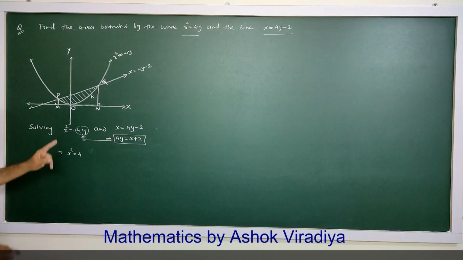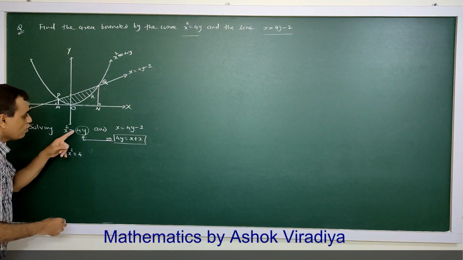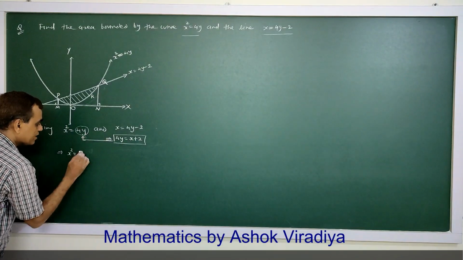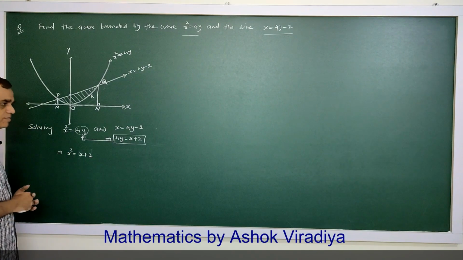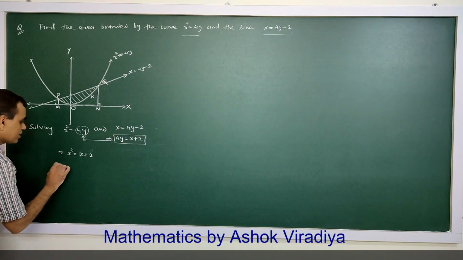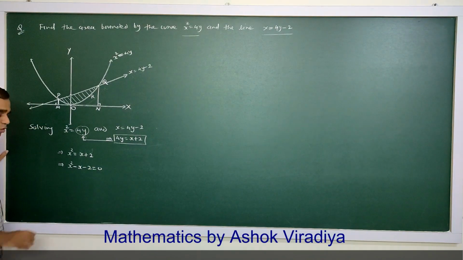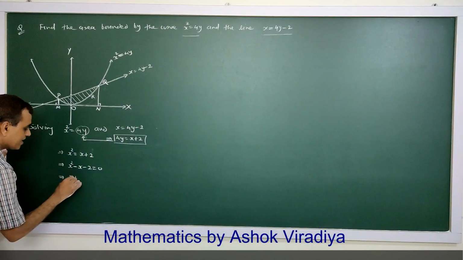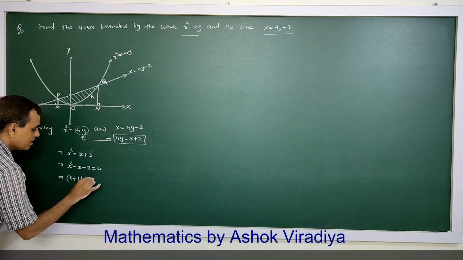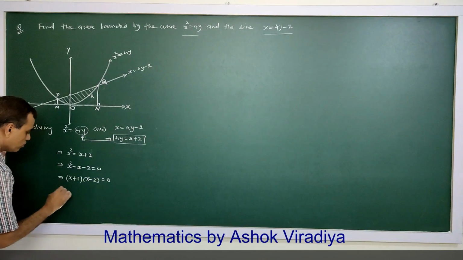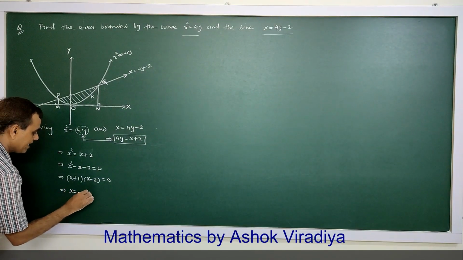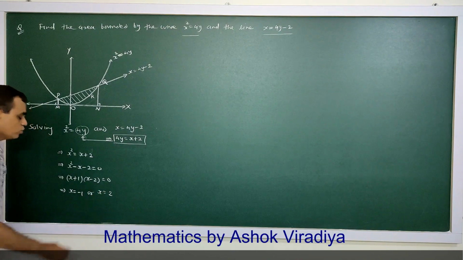So the equation is x square is 4y. So what is 4y? x plus 2. So that is x square minus x minus 2 is 0. Therefore (x plus 1)(x minus 2) is 0. So x is minus 1 or x is 2.